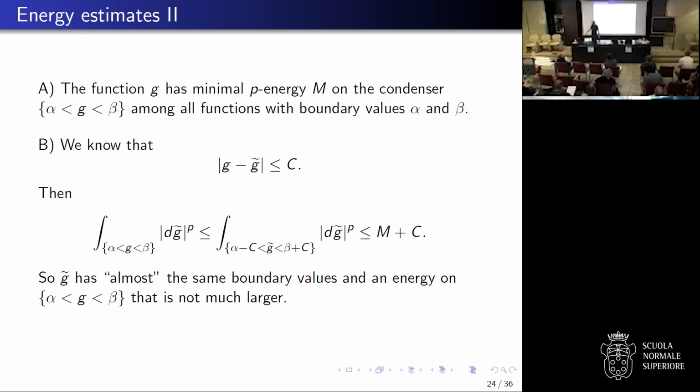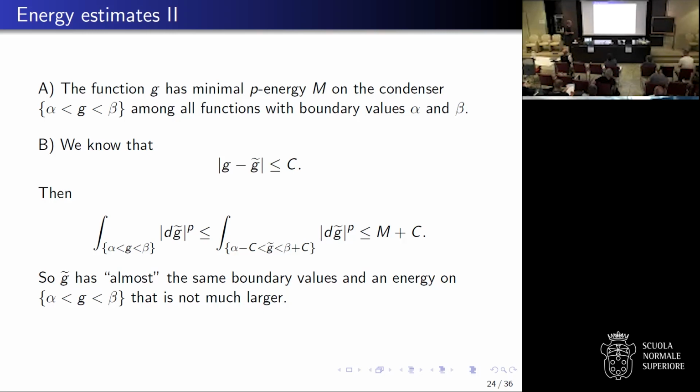So let's look at our functions and at this energy. Let's look at this condenser, right? My function G has the right boundary values. It's P harmonic, so this means it's automatically the energy minimizer. So this M here is the minimal energy that I can get from a function with these boundary values alpha and beta, right?